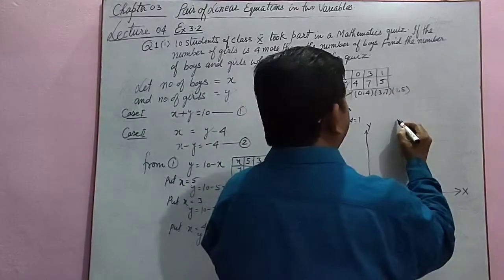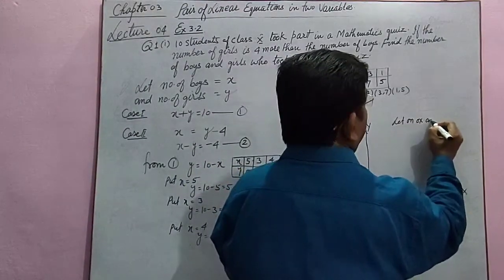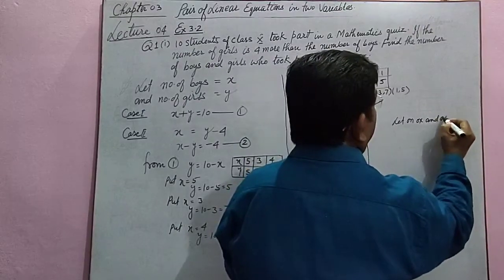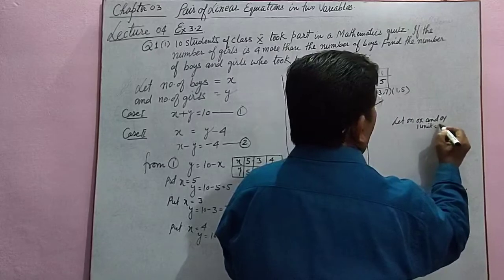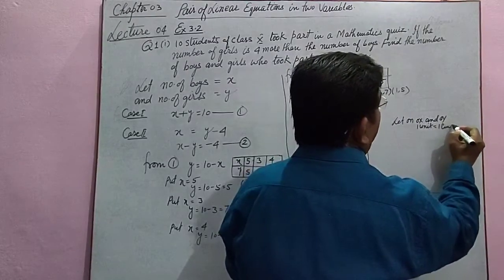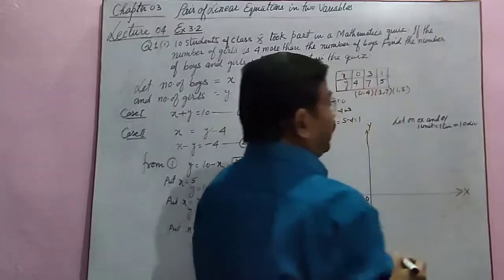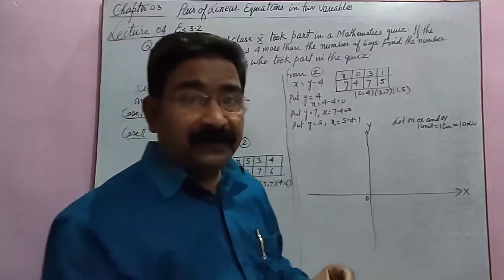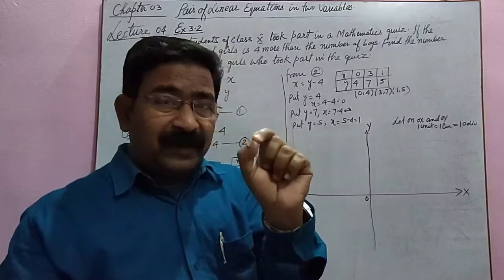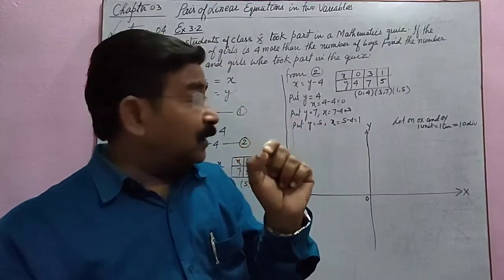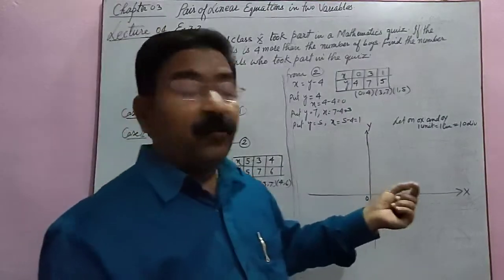Let on OX and OY, 1 unit is equal to 1 centimeter or equal to 10 divisions. 10 divisions means you can observe in the graph sheet a small square, and the number of small divisions is 10 in that square. So that is 1 centimeter.